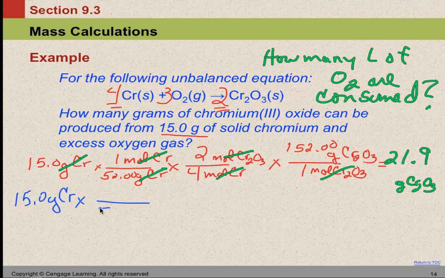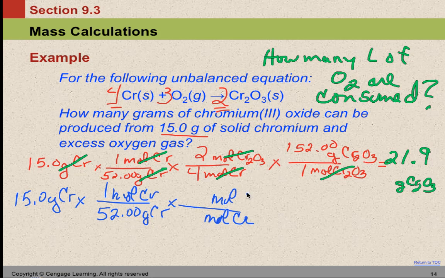I have to use that molar mass to get to moles so that I can then use the mole ratio. But this time I want to relate moles of chromium to moles of O2. From the balanced chemical equation, 4 moles of chromium for every 3 moles of oxygen. In 1 mole of oxygen at STP, I have 22.4 liters. That will give me liters of oxygen.